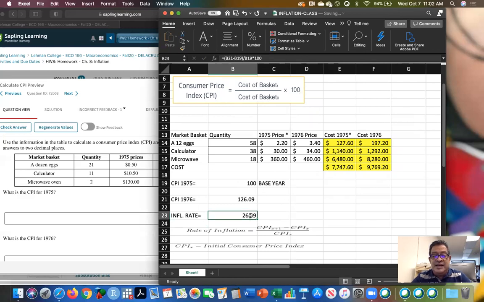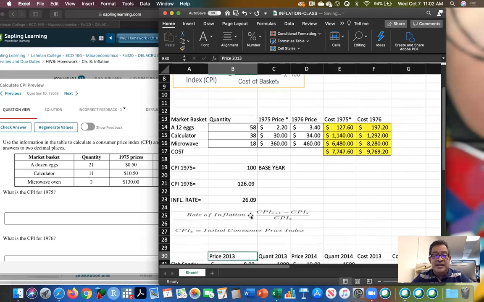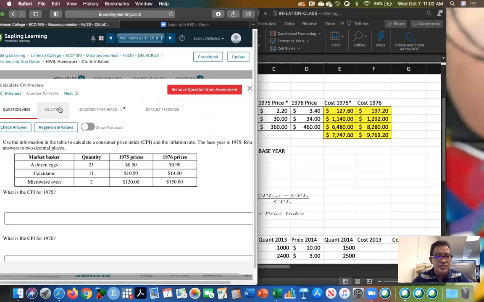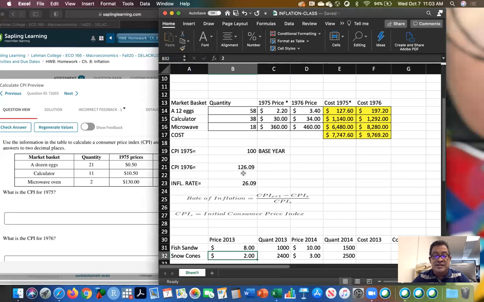In this case, we have the inflation rate. So let me see if they asked you for a percentage. They don't ask you for a percent. Yeah, you have to express these numbers in percent, so you have to multiply this by 100.